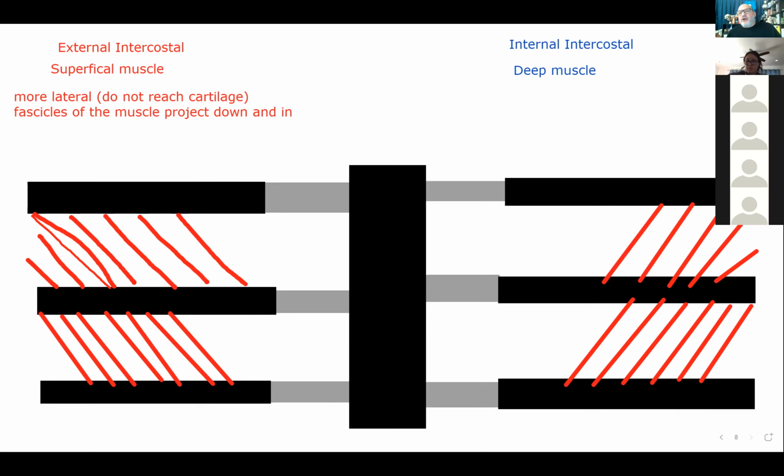On the other hand, our internal intercostals are, of course, deep, but they're also more medial. They actually do start at the sternum and the cartilage.